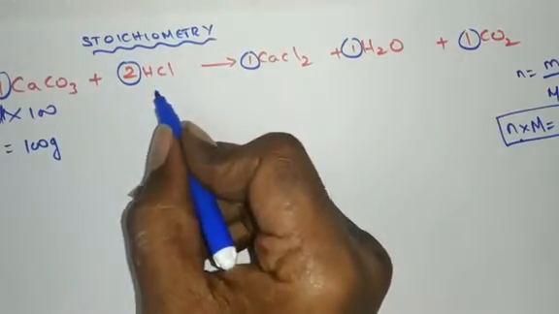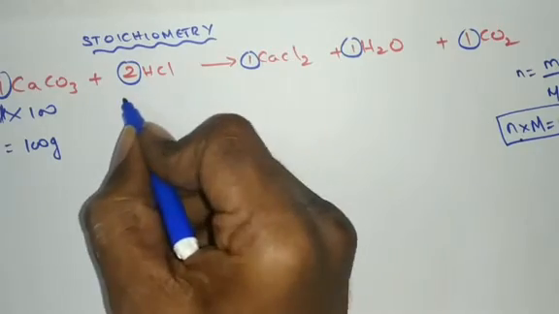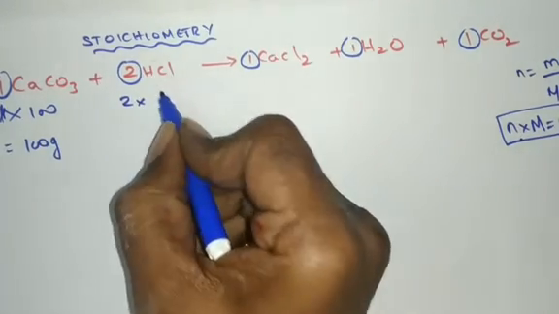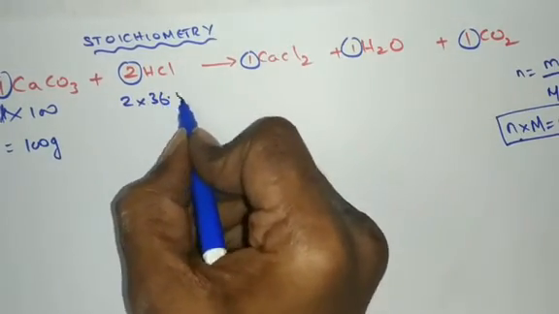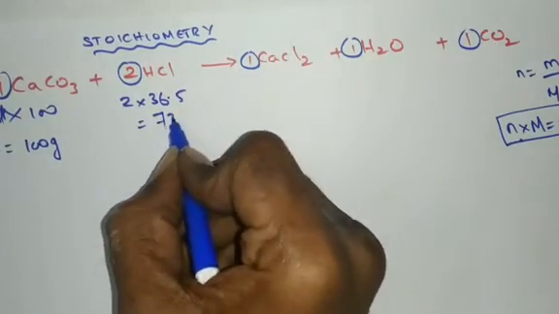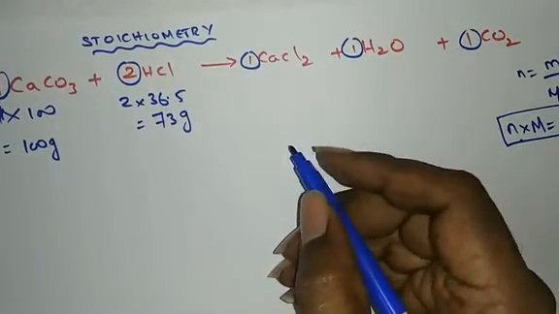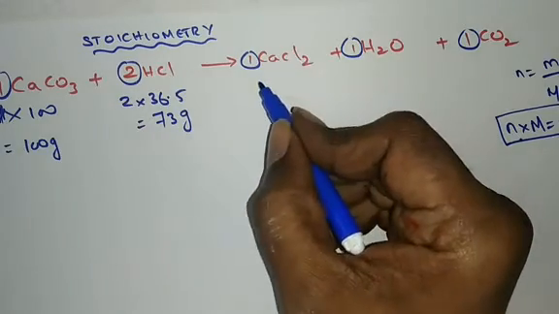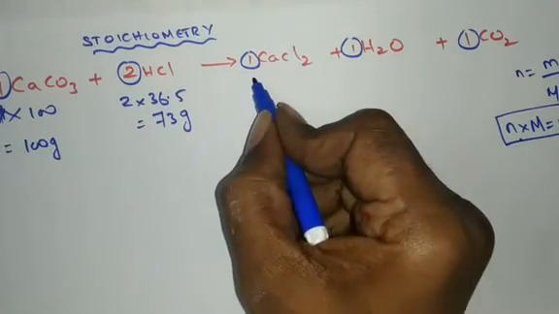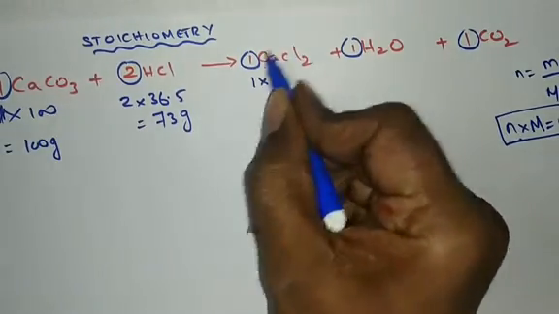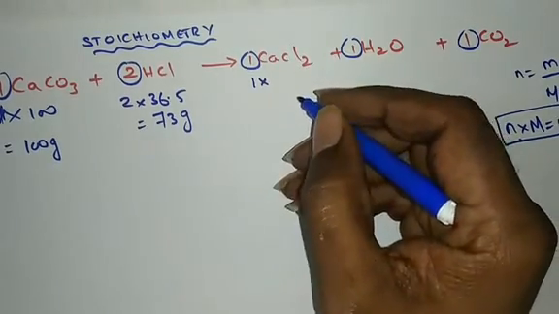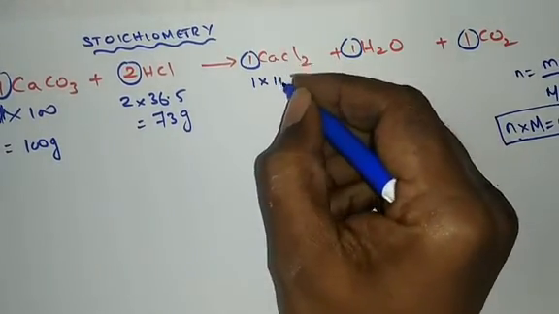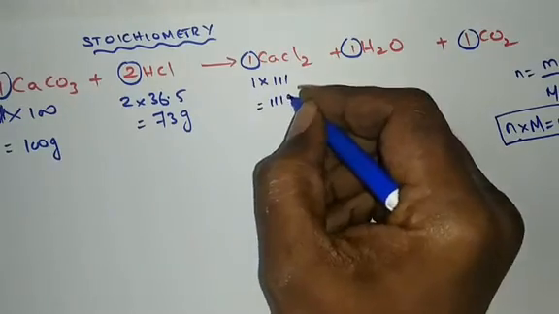And 2 moles of HCl means 2 into its molecular weight, 36.5, which is equal to 73 grams of HCl. And how much calcium chloride is formed? 1 mole of calcium chloride is formed. That is, its mass is 1 mole into its molecular weight, 111. That is 111 grams.